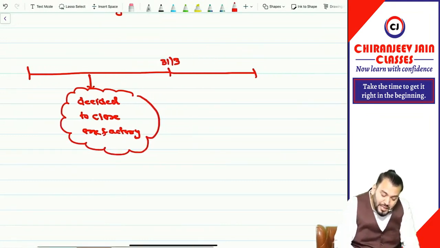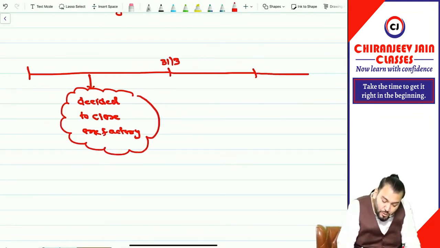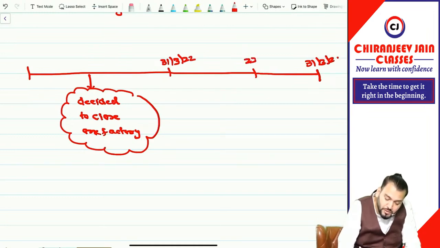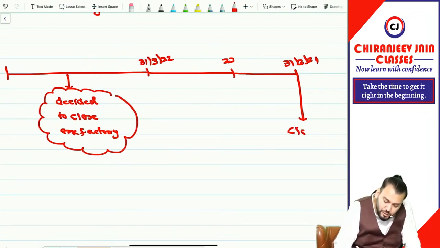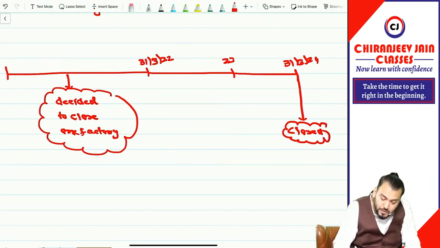And suppose this factory will actually be closed at this point of time. Now when it is closed, there will be some expenditure which is directly related to this closure.